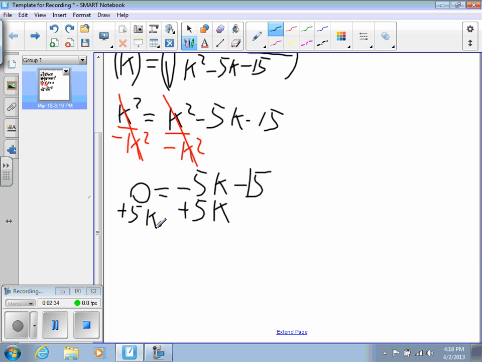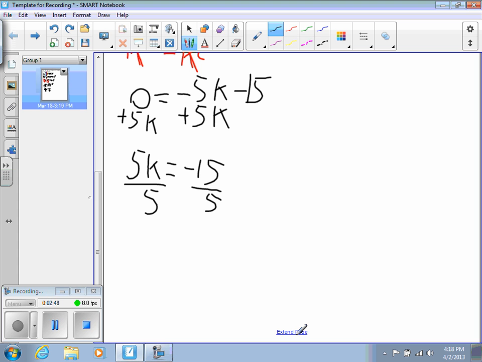When I do that, I end up with 5k equals negative 15, and I divide both sides by 5. And when I do that, k then equals negative 3.